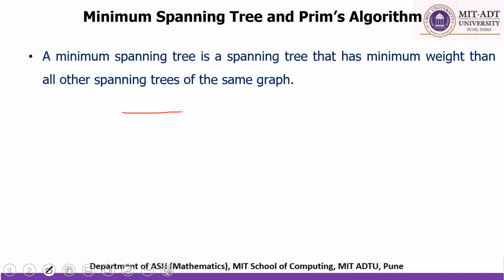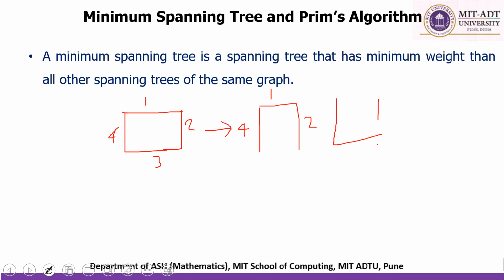Suppose we have a given graph with vertices 1, 2, 3, 4. We have already seen in the last lecture that we are able to create four spanning trees. So 4, 1, 2 is one spanning tree, and 4, 3, 2 is another spanning tree.